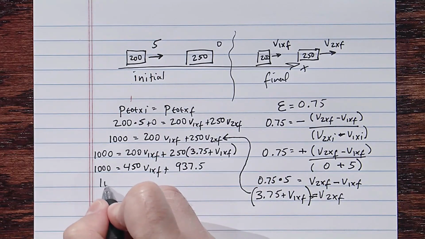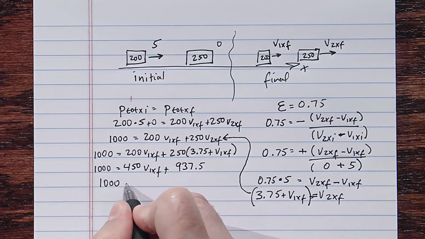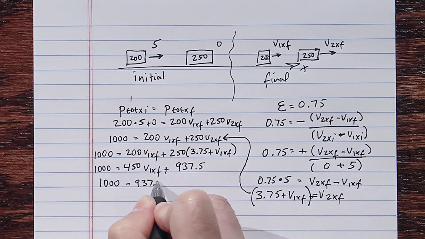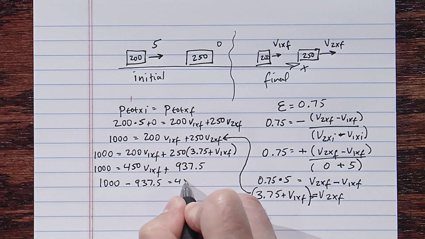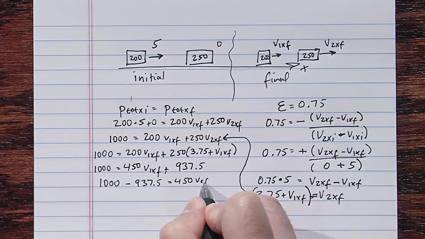I'll have 1,000 minus 937.5 is equal to 450 Vx final.